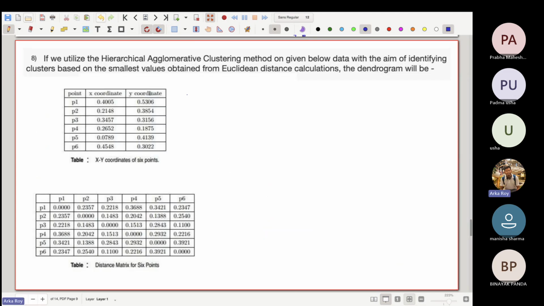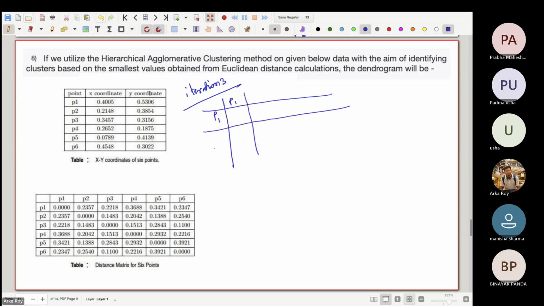So let's say iteration 3. So in iteration 3, again, let us construct the table. So P1, P1. So we already have seen P3 and P6 is creating a data cluster. P2, P5 is creating a data cluster.